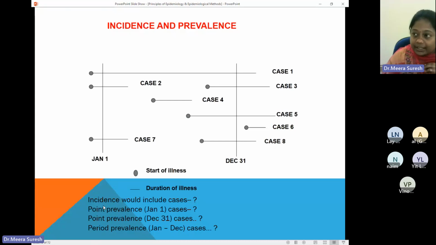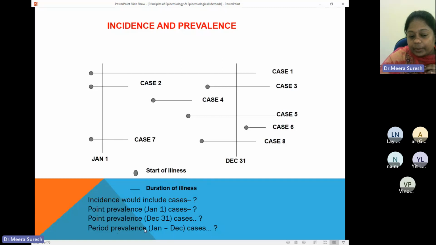It can be old, it can be new, and that can be a particular point, or it can be a period prevalence also. Even though for incidence and prevalence we were talking about January 1st to December 31st, you know the differences that happened here. In incidence, we didn't count case 1, case 2, and case 7.